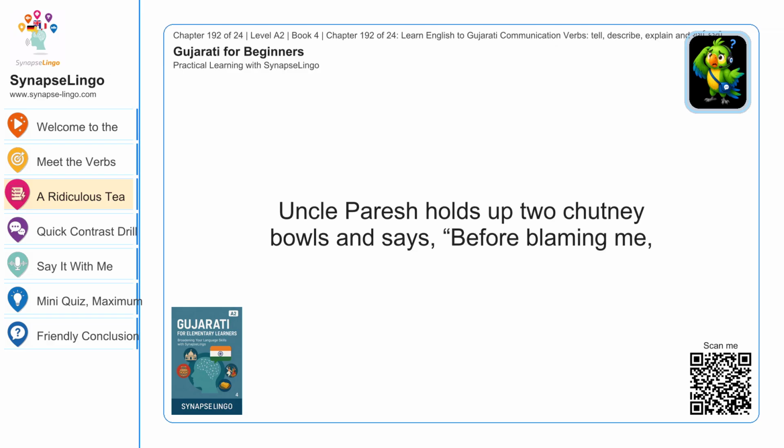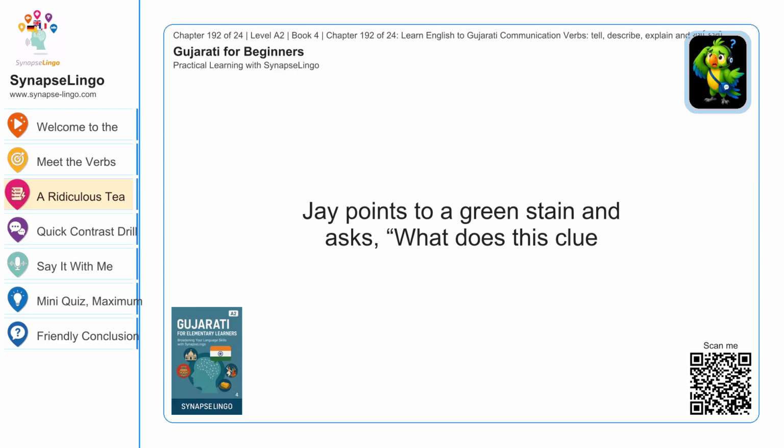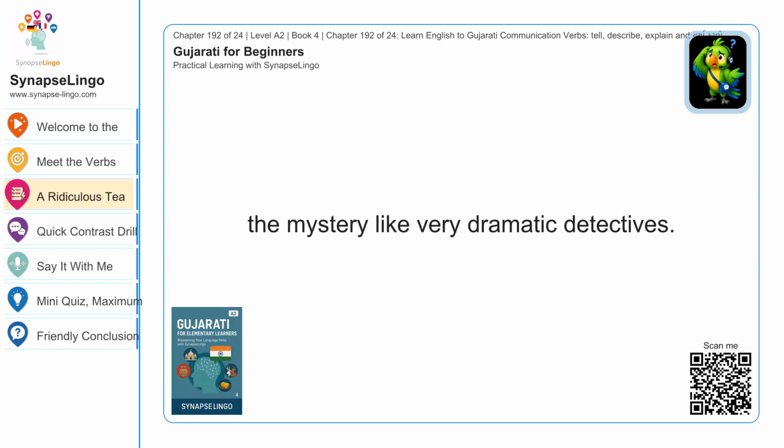Uncle Paresh holds up 2 chutney bowls and says, before blaming me, સરખાવવું the evidence. Jay points to a green stain and asks, what does this clue અર્થ હોવો? Quote. Everyone sits down to ચર્ચા કરવી the mystery like very dramatic detectives.